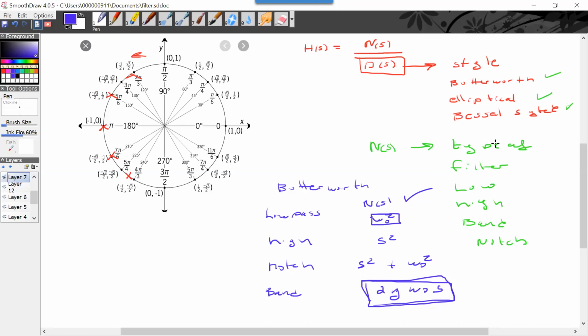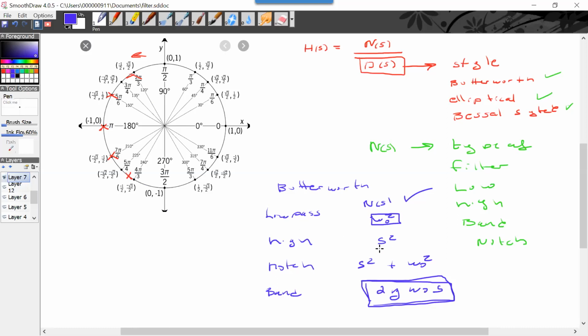And the denominator, well, you'll have your choice. You can use a Butterworth type denominator, elliptical denominator, Bessel denominator, and in Python, you just select what filter style you want by putting it in the code, and it basically spits it out for you. Okay.